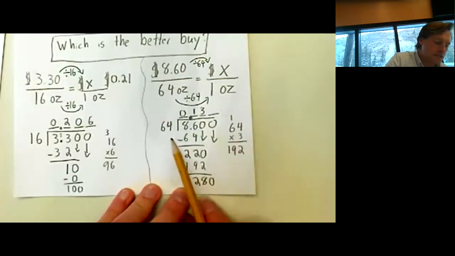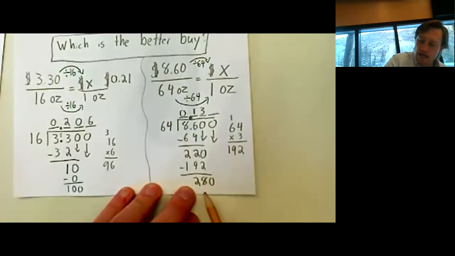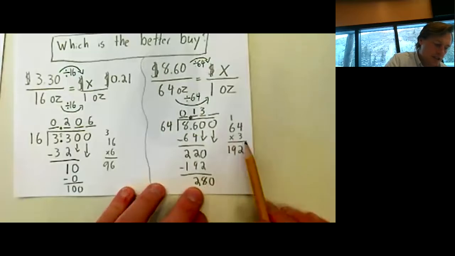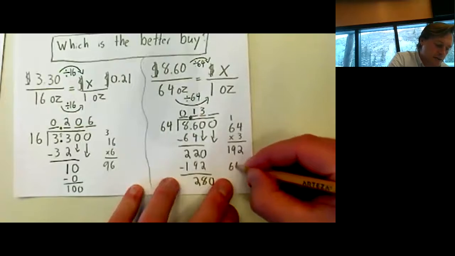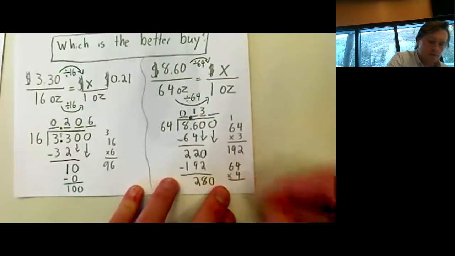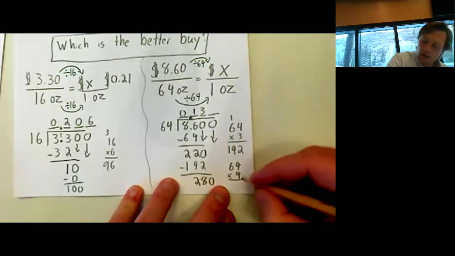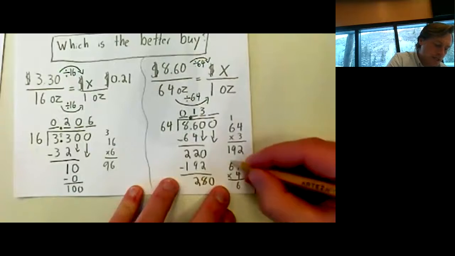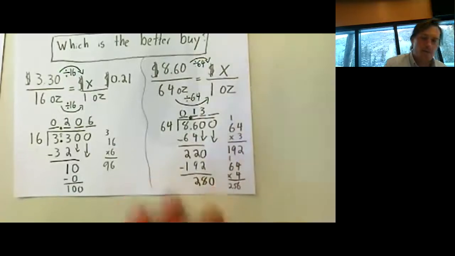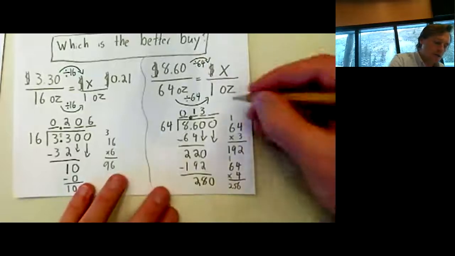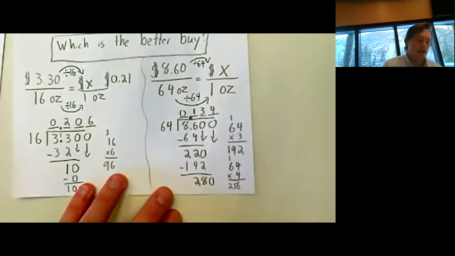How many times does 64 go into 280? Well, I just guessed that 64 times 3 is 192. We could probably bump that up one more time to 4. And I'm going to get 4 times 4 is 16, 1, 24, 25. Yep, that's pretty good. So I'm going to say 4 here.